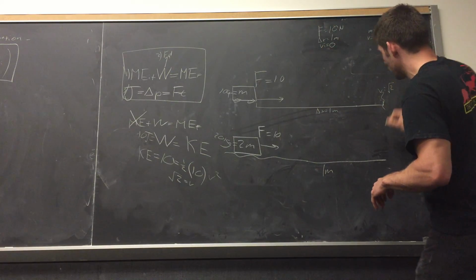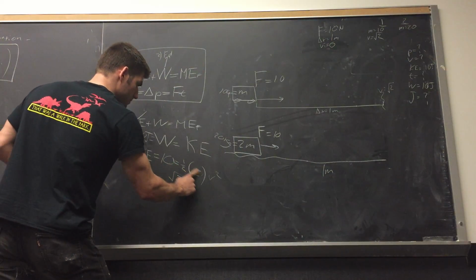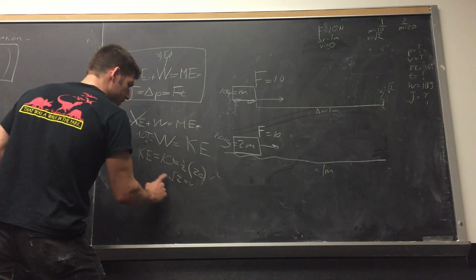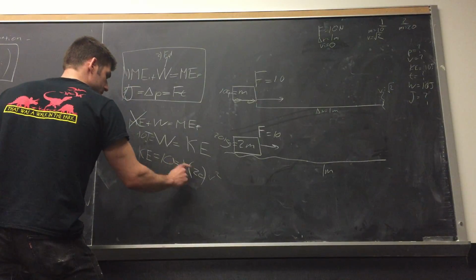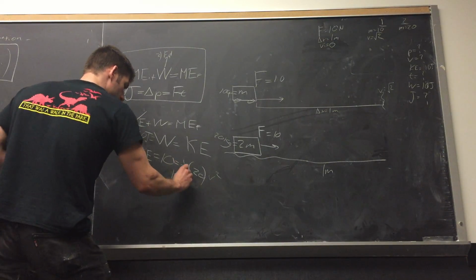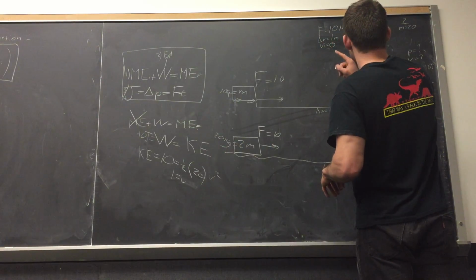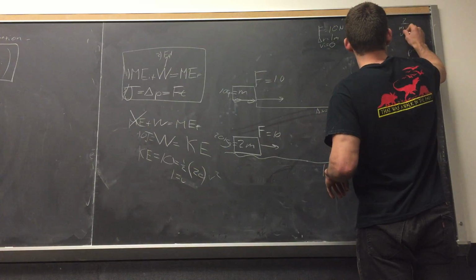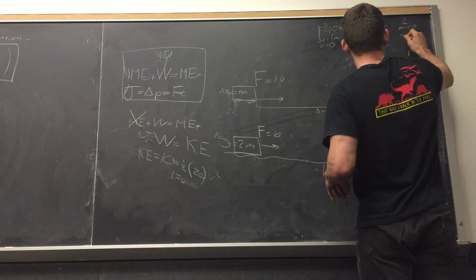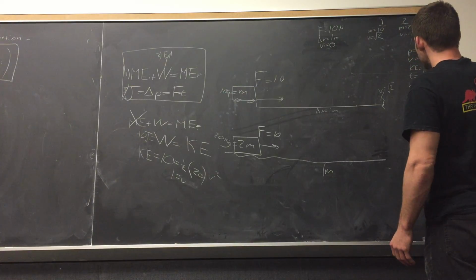And for the other one, 10 equals 1/2 times 20 v squared. And now the square root of 1 is 1, so 1 is equal to the velocity. So here, velocity final at the 1 meter finish line is equal to 1.